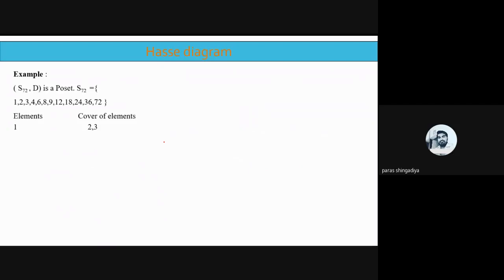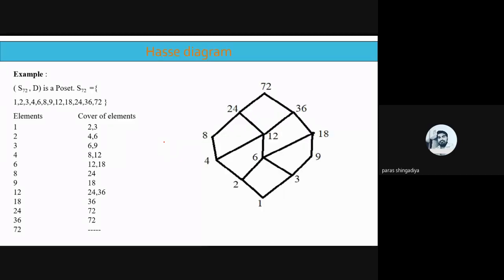And then the third example is (S72, D). First identify S72, and based on the divide relation we can find its cover elements. So these are the answers for the cover elements, and by using the rules of the Hasse diagram we can create this type of shape, the Hasse diagram of (S72, D).